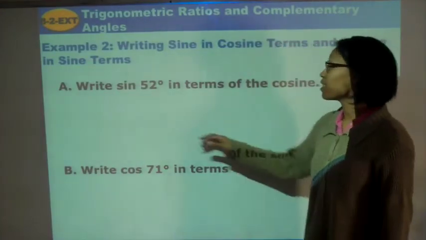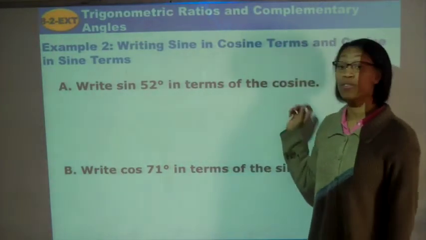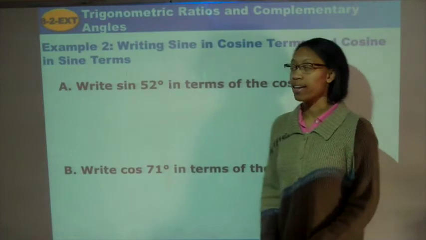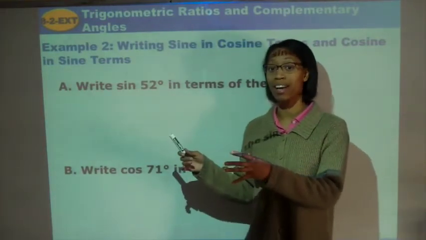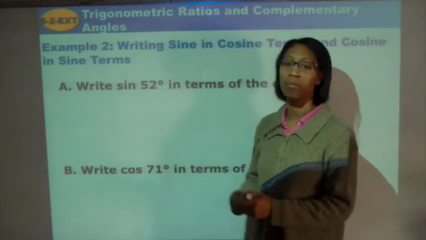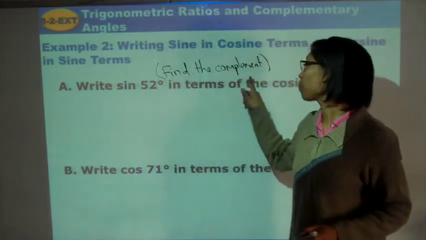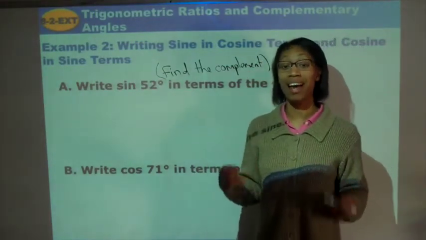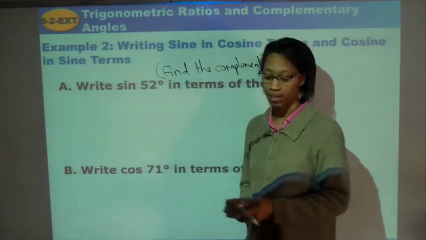Let's see if we can write the sine of 52 in terms of cosine. We know that the sine of 52 is going to equal the cosine of the complement. So we have to find the complement of 52, something that's going to add to 90. The question becomes: 52 plus what gives us 90?